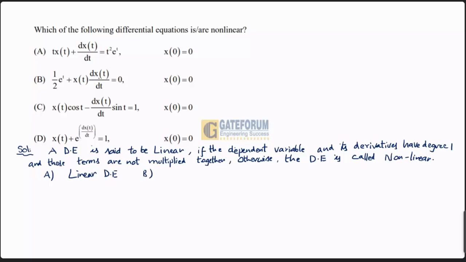The dependent variable x is multiplied with the derivative dx by dt.